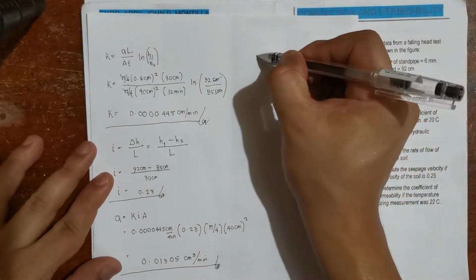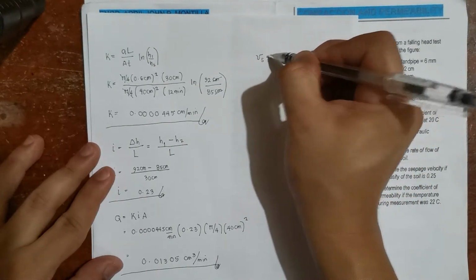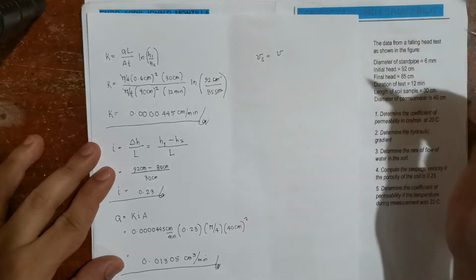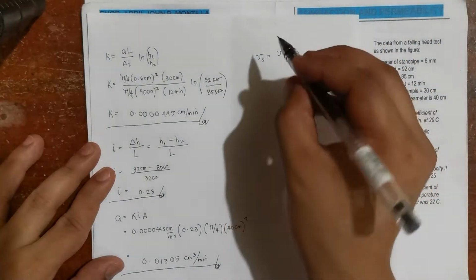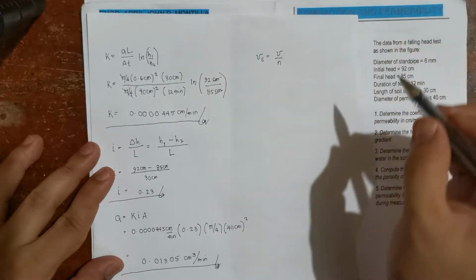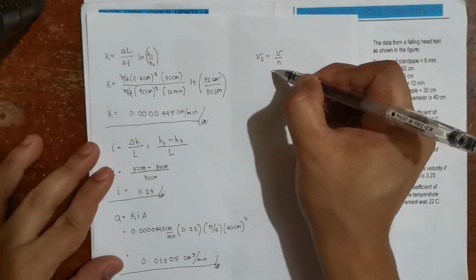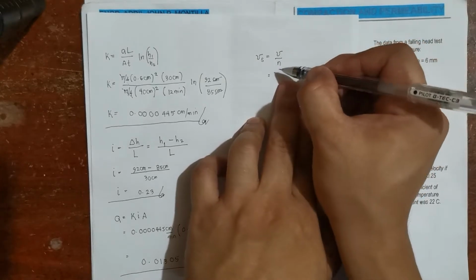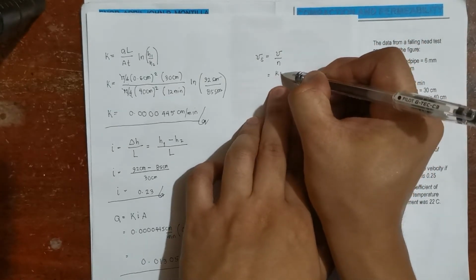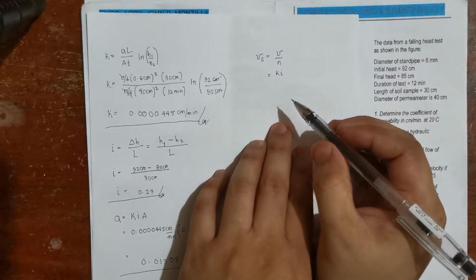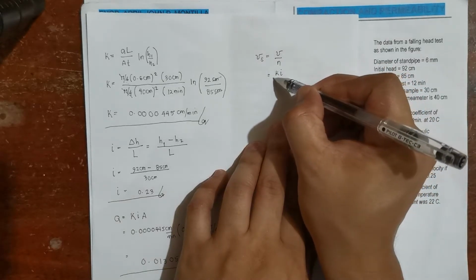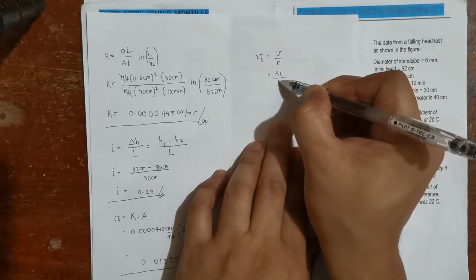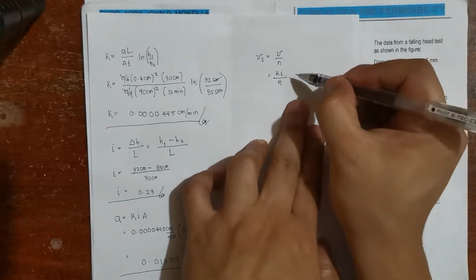Fourth requirement is to compute the seepage velocity if the porosity of the soil is given. And then seepage velocity is the ratio of discharge velocity with respect to the porosity. So substituting, discharge velocity is the product of hydraulic conductivity and hydraulic gradient, over n.